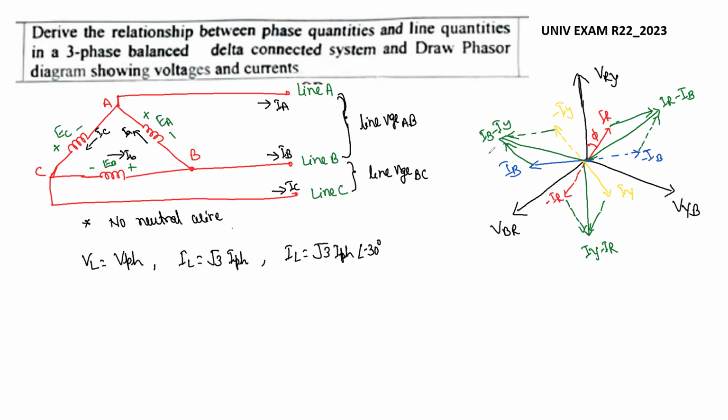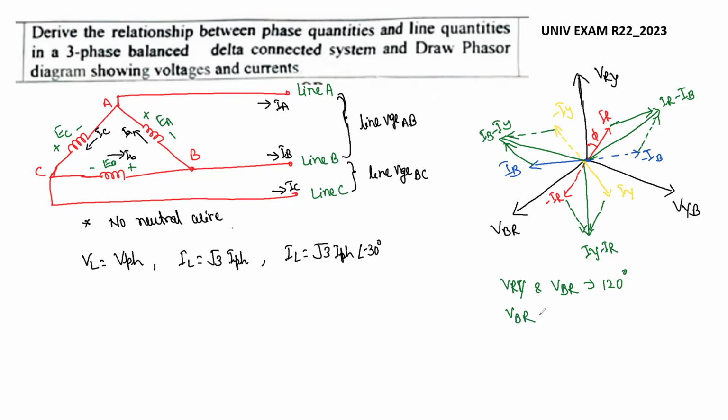So like this we are able to represent the phasor diagram of the three-phase balanced delta connection. The separation between the angles is important here. Between BRY and BBR, we have an angle of 120 degrees.